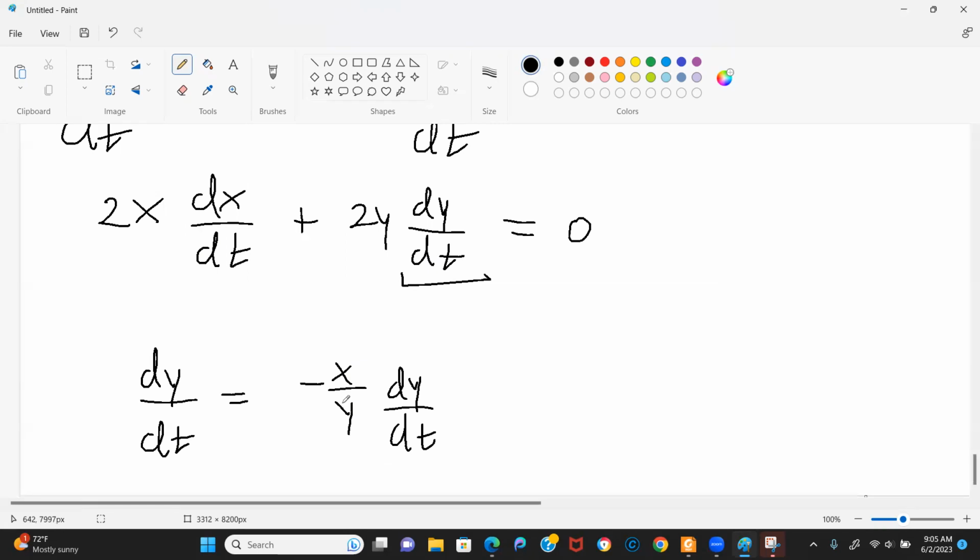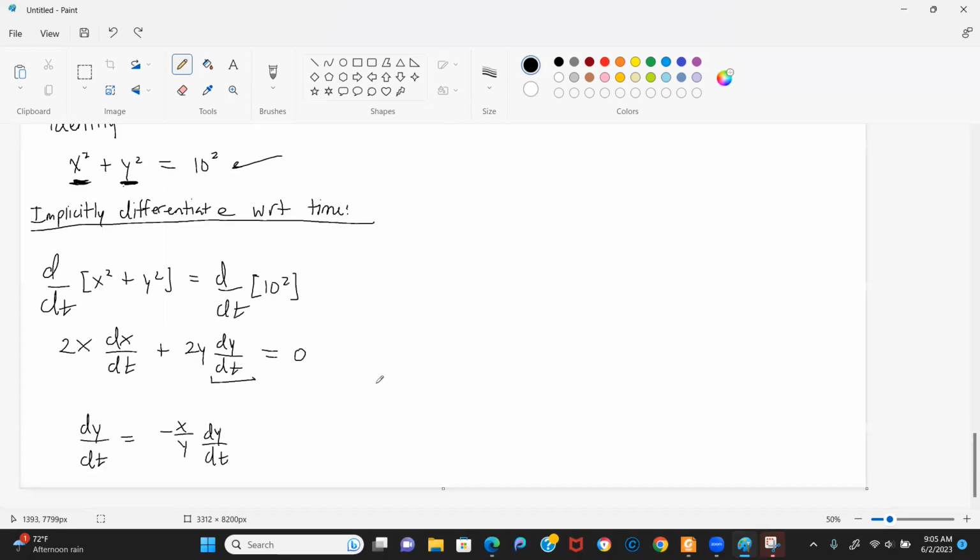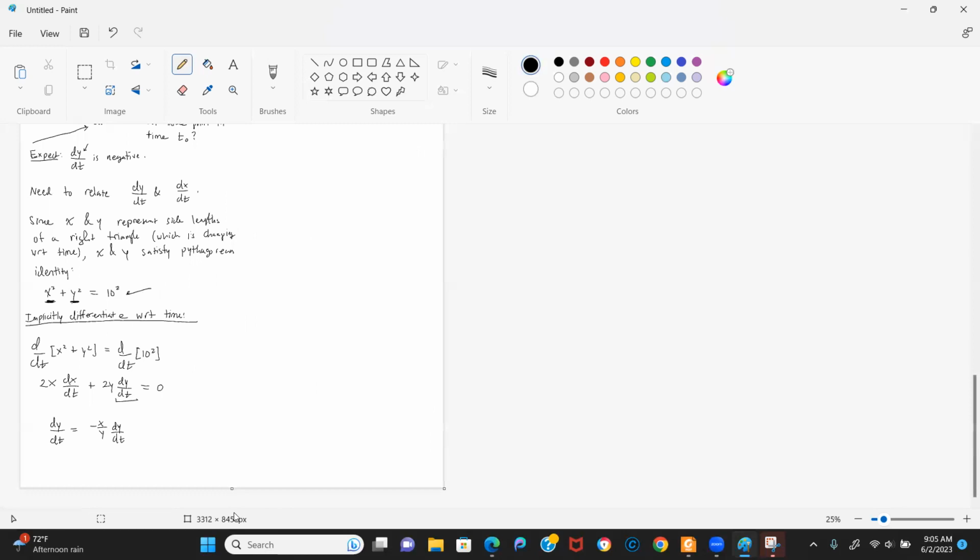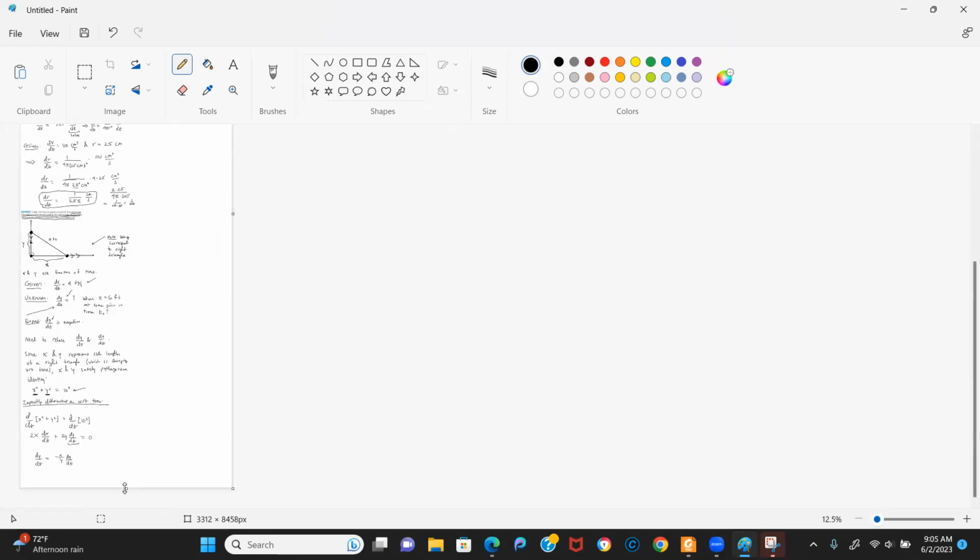Notice we divided by y, but that's okay because the ladder is never going to perfectly lie on the ground, so y will never really be 0. So let me create some more room.